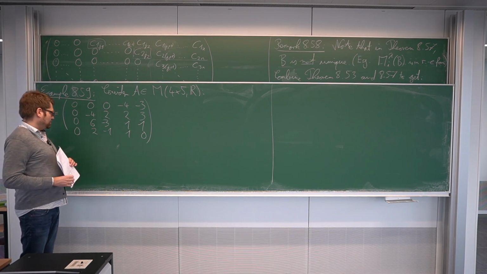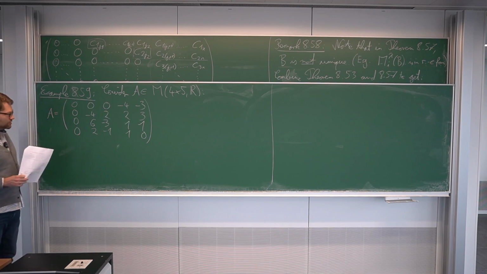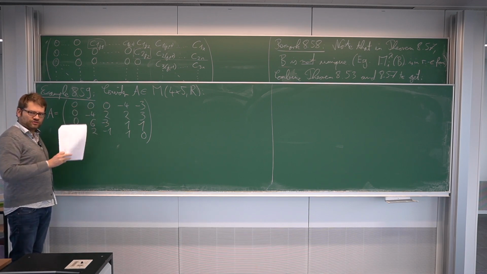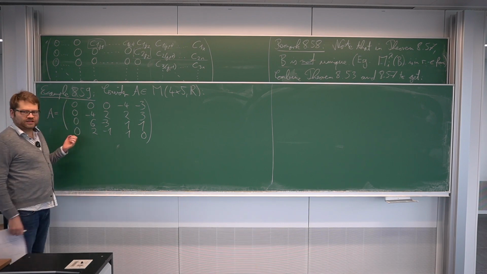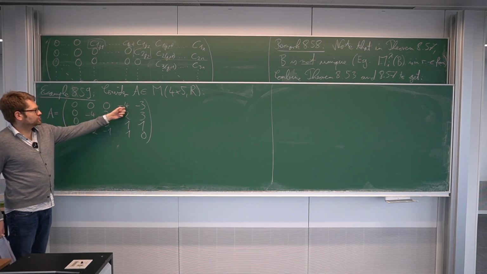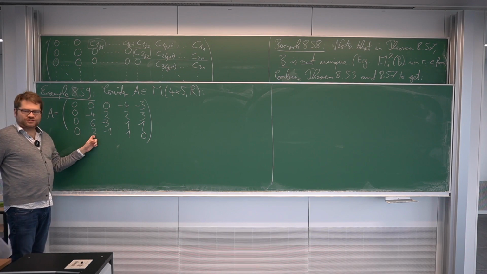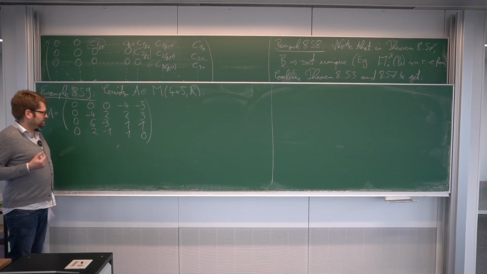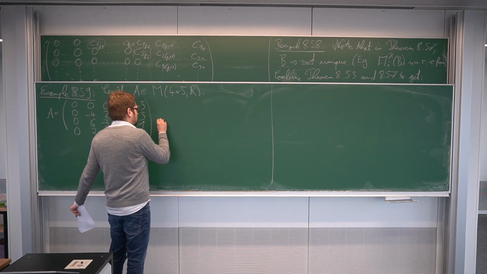We want to apply the Gaussian algorithm, and the first thing we see is that the first condition was that in the first row we wanted to have this first pivot element. So the first non-vanishing column should have a non-vanishing entry in the first row, which is not the case in this setting. Here we have the first non-vanishing entry in column 4, but there are non-vanishing entries in column 2. So what we need to do is a swap of rows. You've got some choice here, of course.